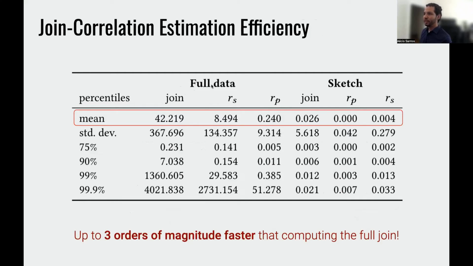Here on the left side of the table, we have, for example, that computing the full join may take on average 42 seconds. When we do this with a sketch, the join of the sketch takes only a fraction of a second, only a few milliseconds, right? So this represents essentially a 3-order magnitude improvement compared to the baseline approach.